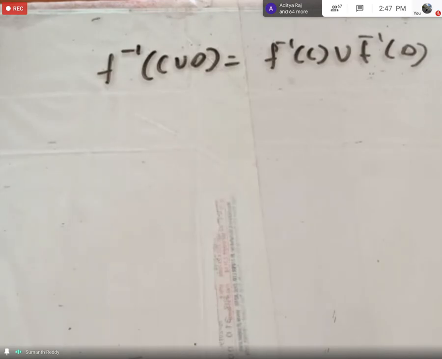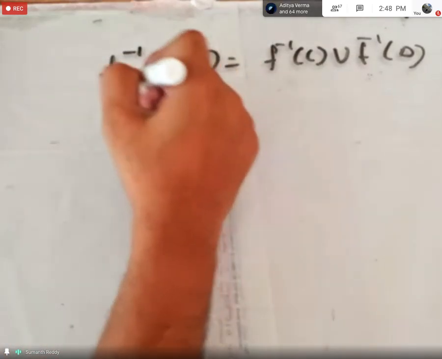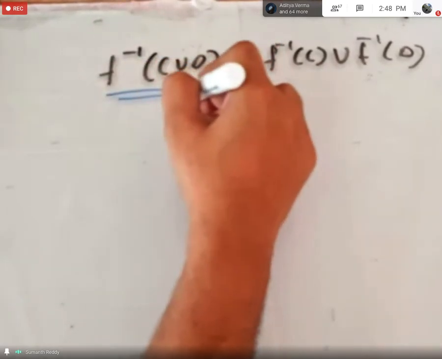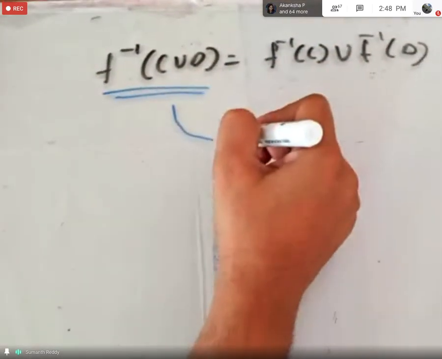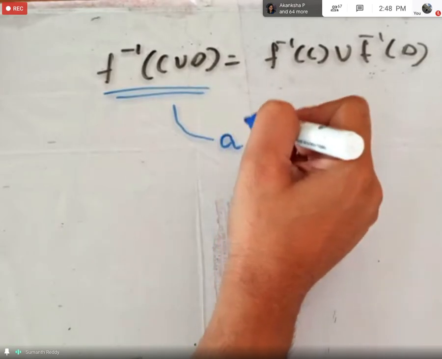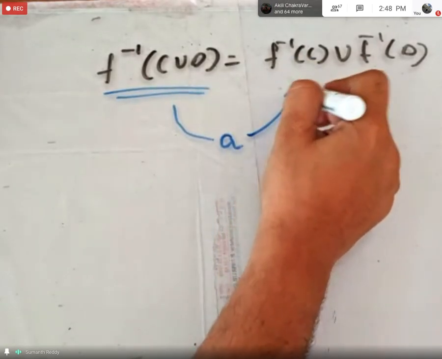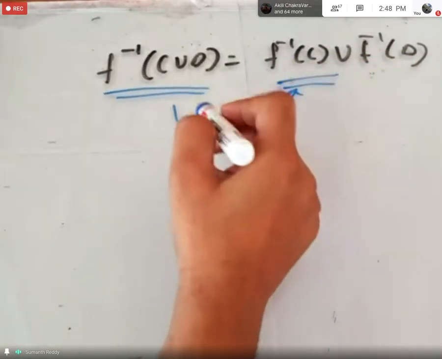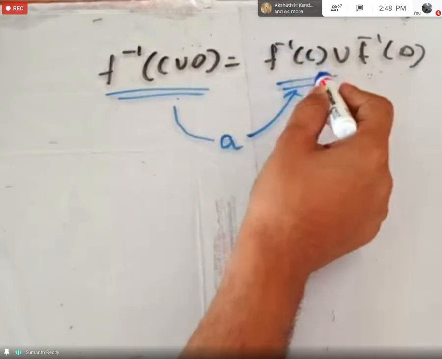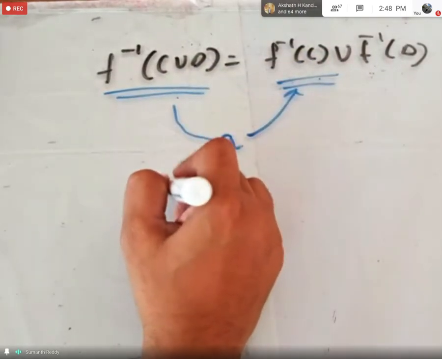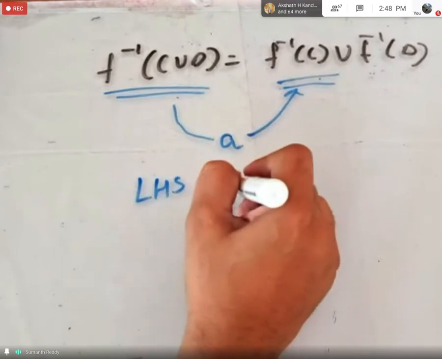So what I will do is take some arbitrary element that belongs to the LHS, and let me name that arbitrary element as a. Then the same element also belongs to the RHS. If whatever element belongs to the LHS also belongs to the RHS, I can write that LHS is a subset of RHS, right?